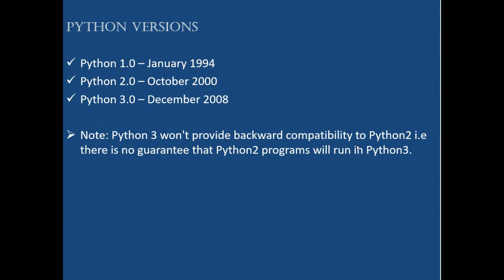It is not providing backward compatibility, because in Python 3 they rewrote the entire code. That's why the code you used in Python 1 and 2 may not run in Python 3. But nowadays nobody is still using Python 2 or Python 1. Everybody is using Python 3, so you don't need to worry about all those things.